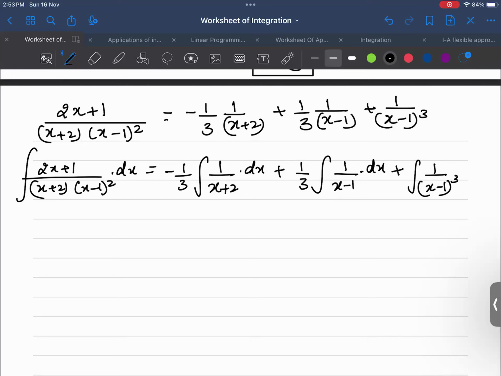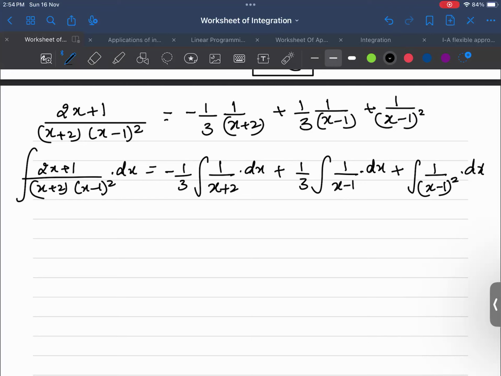Not whole cube, I have made a mistake over here also. It is square. Sorry, it is square. I think it's clear now. This is also with respect to dx.